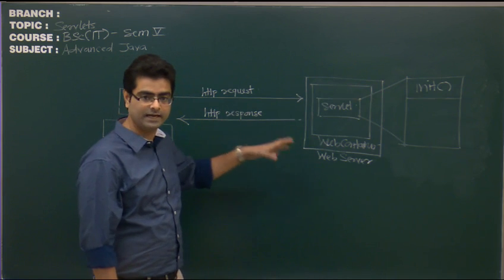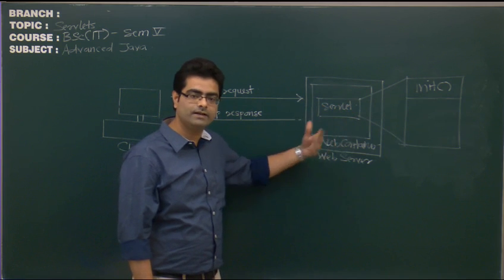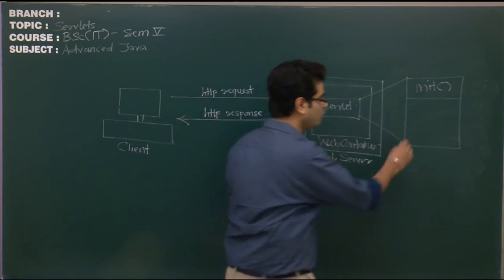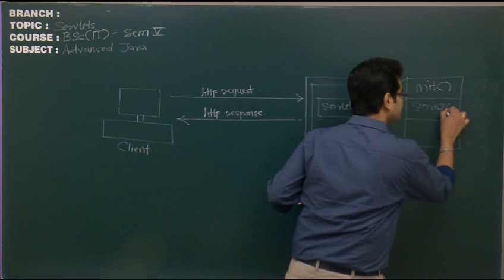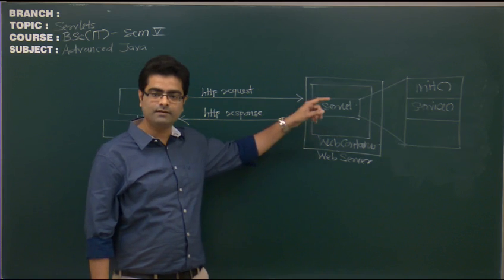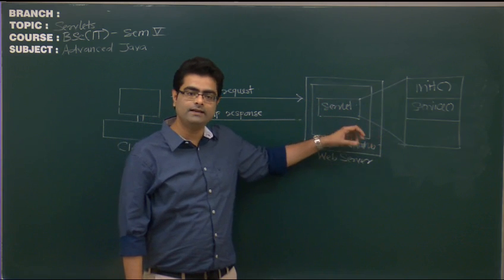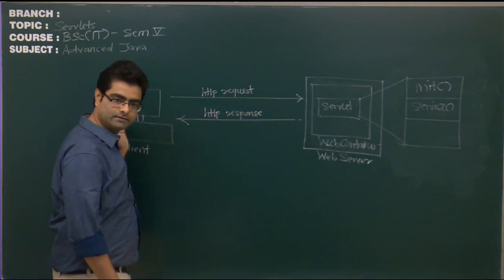Once the servlet gets initialized, it accepts the request, it processes the request using a method called as service. So service method is used to process a request. Servlet processes the request using the method service, generates the response and sends that response to a particular client.